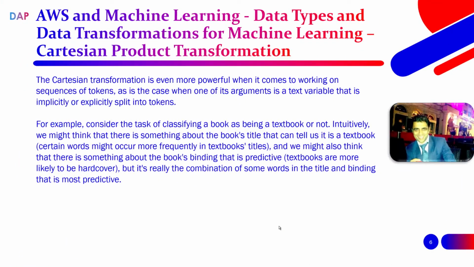The Cartesian transformation is even more powerful when it comes to working on sequences of tokens, as is the case when one of its arguments is a text variable that is implicitly or explicitly split into tokens. Let's take an example and consider the task of classifying a book as being a textbook or not.